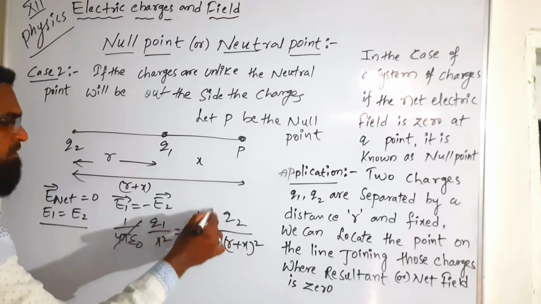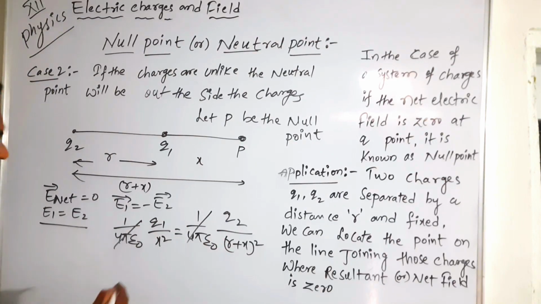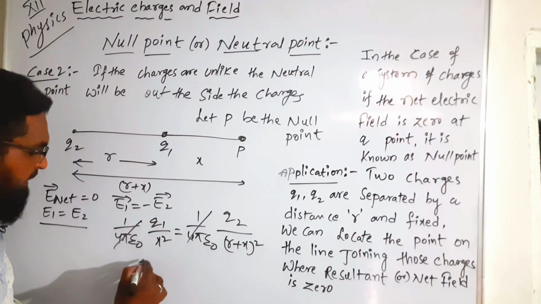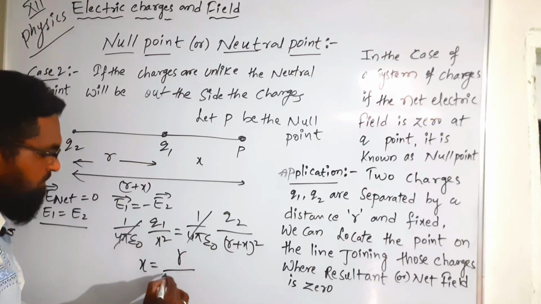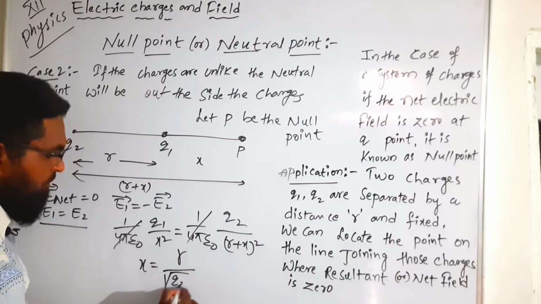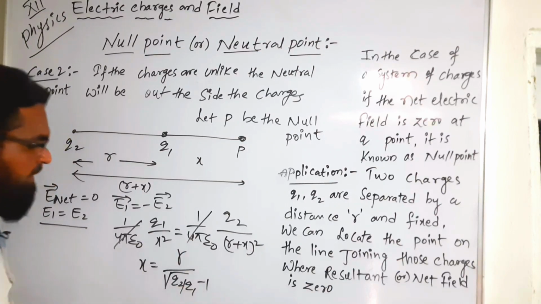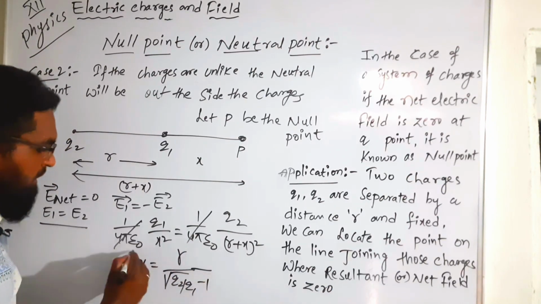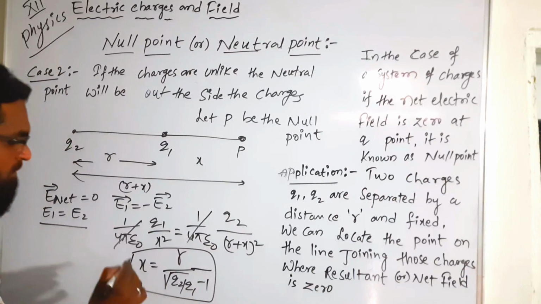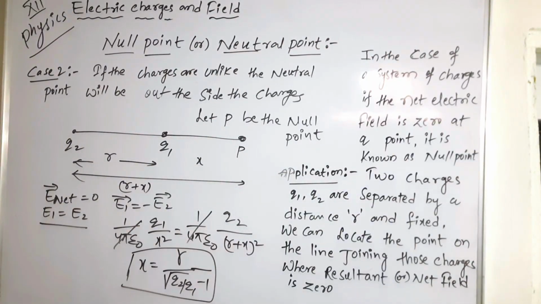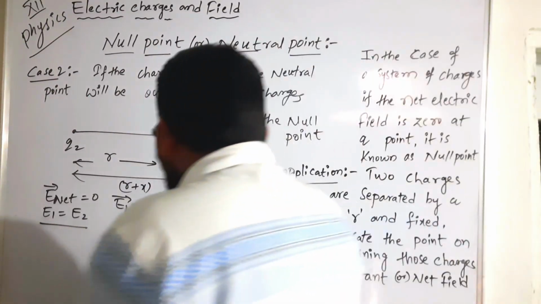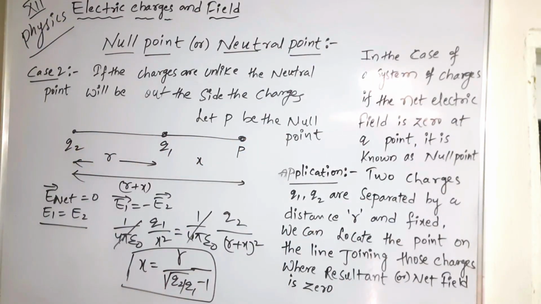Now 1 by 4 pi epsilon naught cancels, students. The remaining thing we get is x equals R by root over Q2 by Q1 minus 1. This is the answer, the x value. Clear now, students? Is the x value visible or not? Okay, x value is visible. Very important and useful concept.